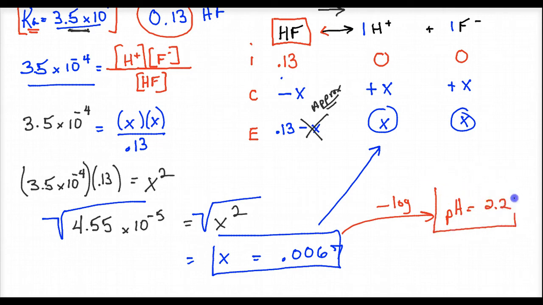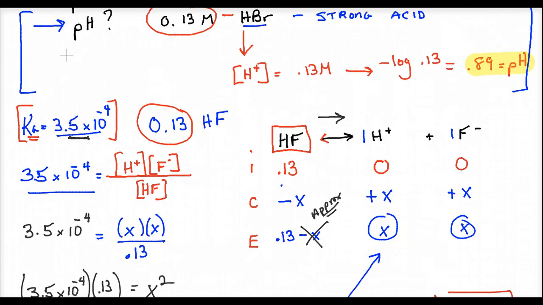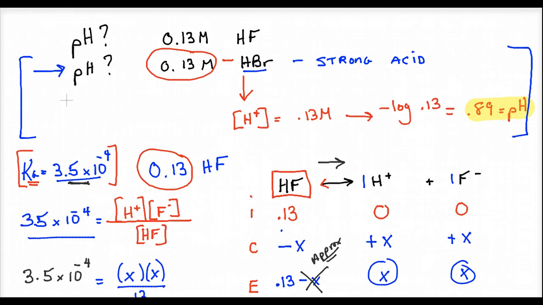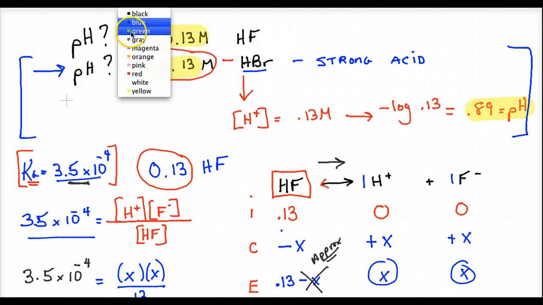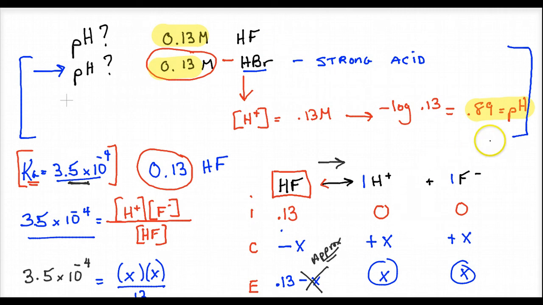Notice something. Equal concentrations. They were both 0.13. The HBr gave me a pH of 0.89, pretty low, less than 1.